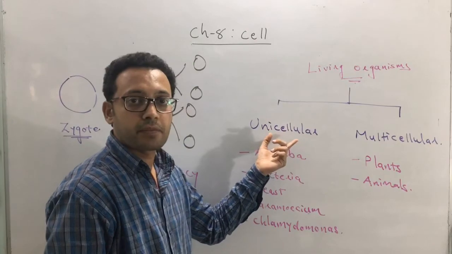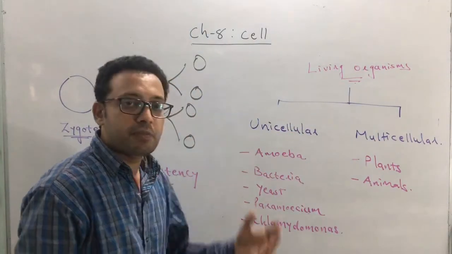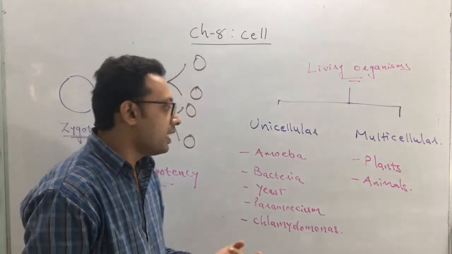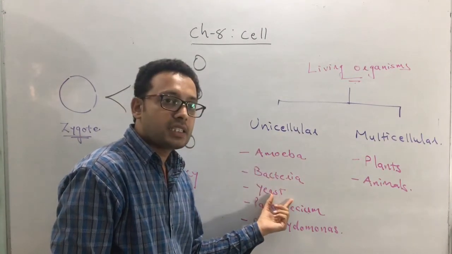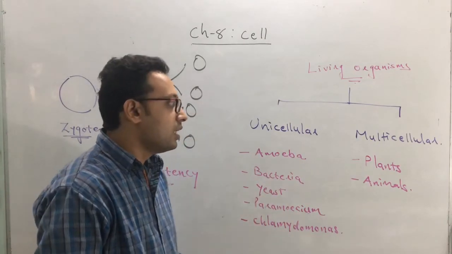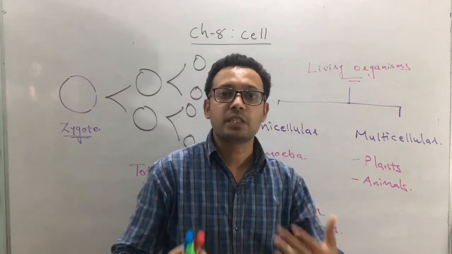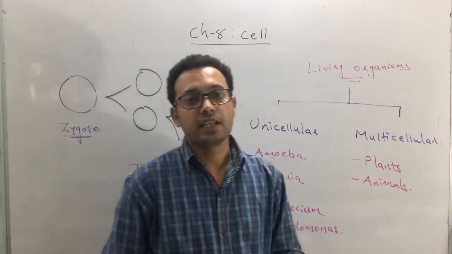They are of two types: unicellular and multicellular. Unicellular means they possess one cell, and the examples are amoeba, bacteria, yeast, paramecium, chlamydomonas. Multicellular organisms possess more than one cell. The examples are plants and animals.